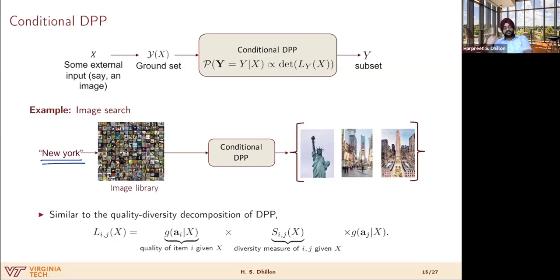You're not inducing a distribution on your image library, but a distribution that is conditional on the input being New York. So our input will be represented by this variable X, and all the probabilities will essentially become conditional on X. That is pretty much what I wanted to convey here.